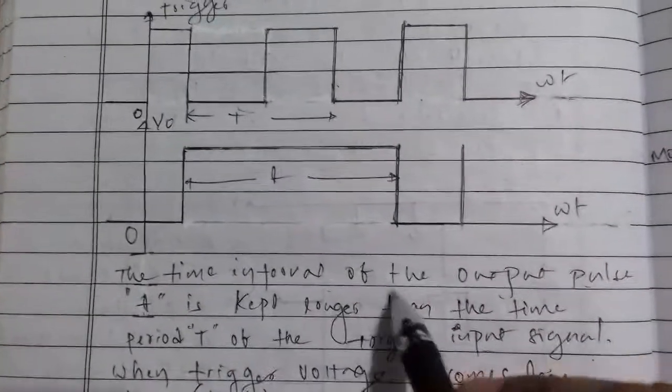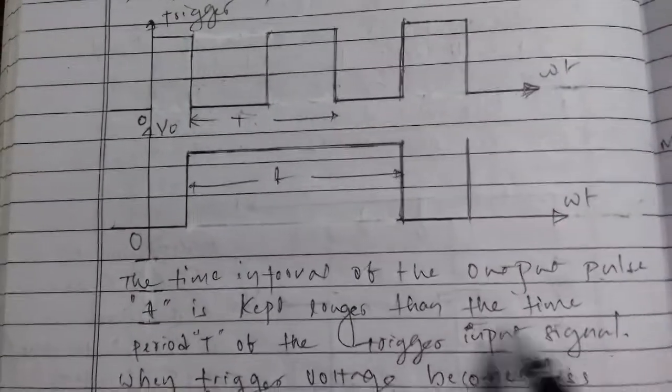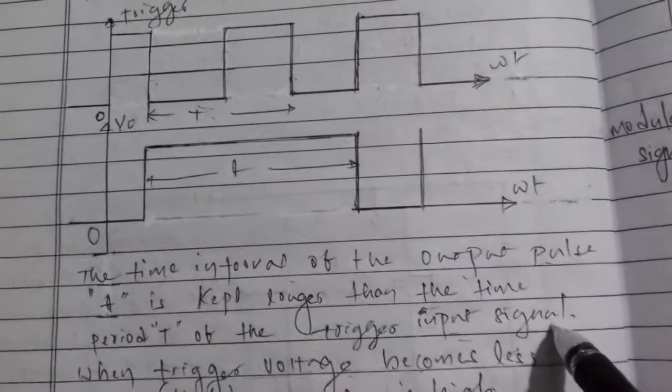The time interval of the output pulse T is kept longer than the time period T of the trigger input signal.